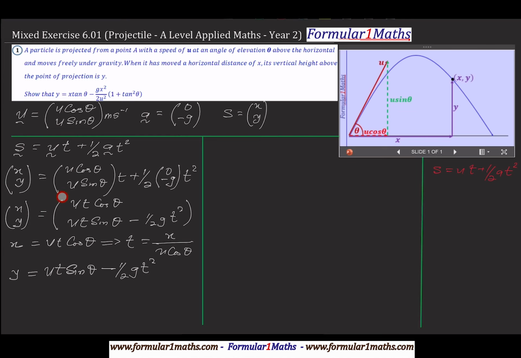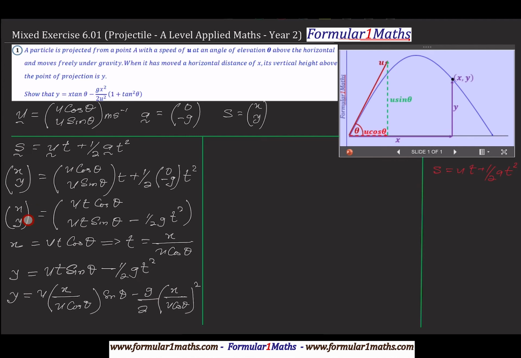I'll go and substitute this in place of t in the second equation here. So if I do that, I'm going to get y is equal to u times x over u cos theta times sin theta, minus g over 2, then I have my t squared, that will be all that, x over u cos theta, squared.